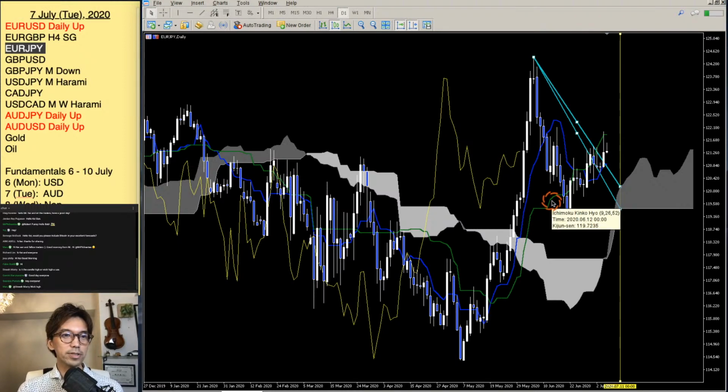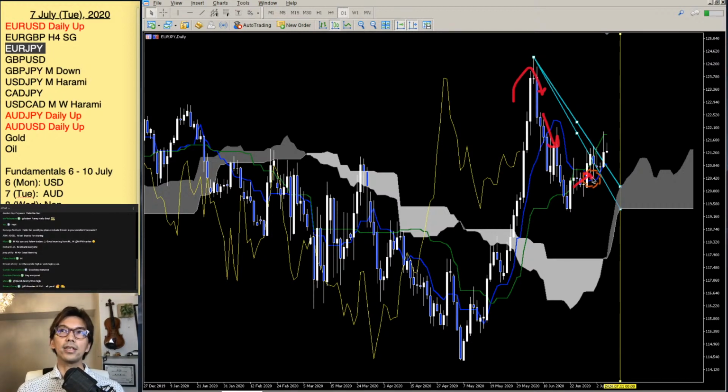What you can capture with these lines is, for example, after the market started to retrace backwards, the price has been below these forecast lines. That shows the market has been bearish, a bearish trend. Gradually, the candlesticks were moving up, and the price was between these forecast lines.